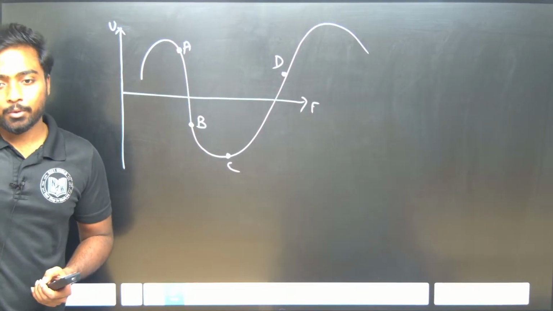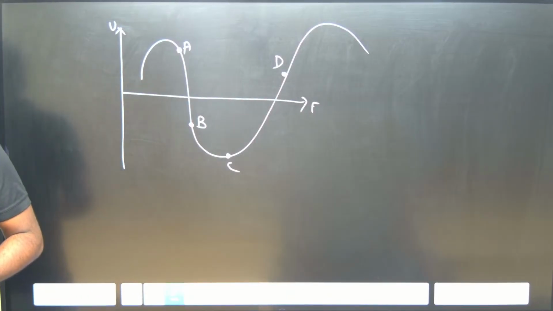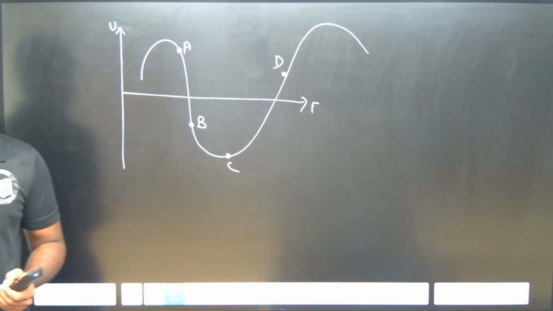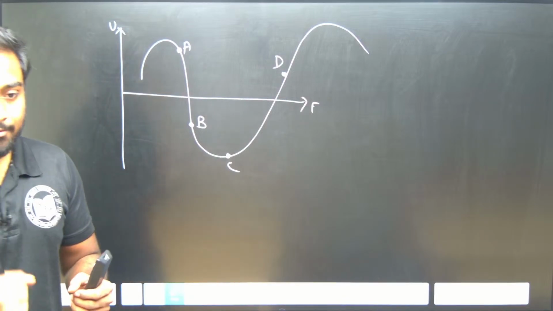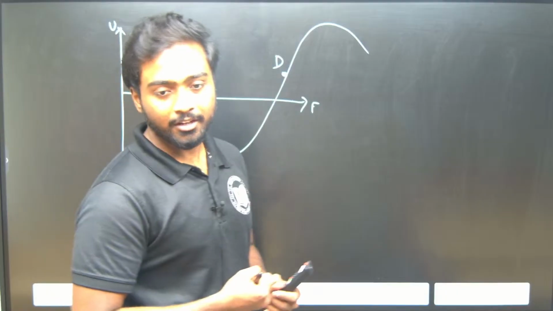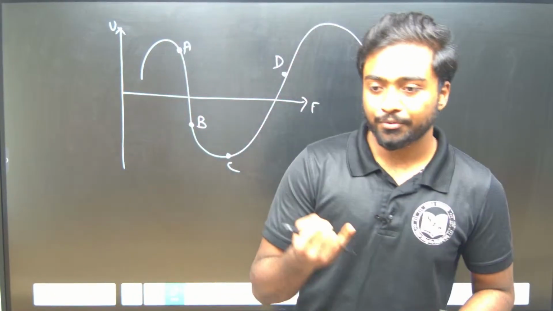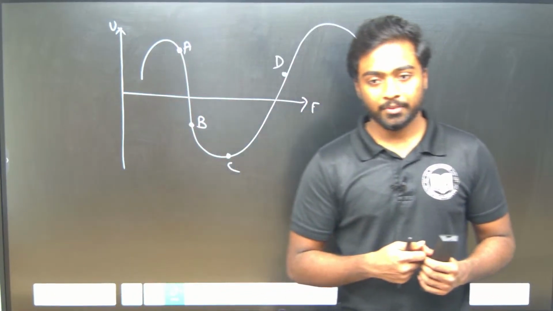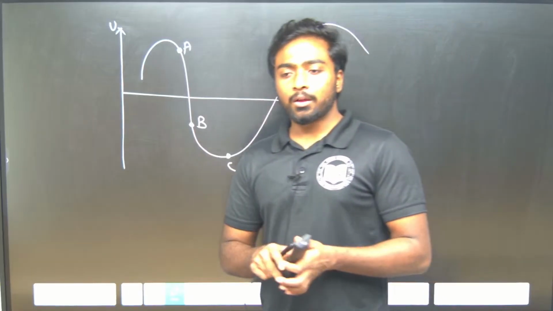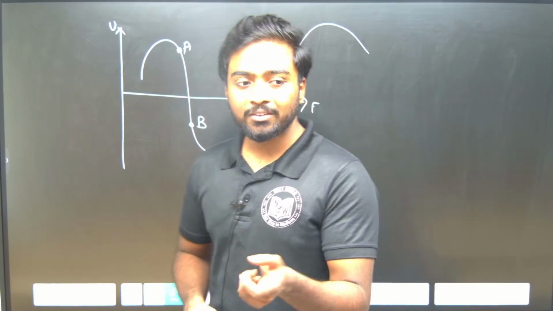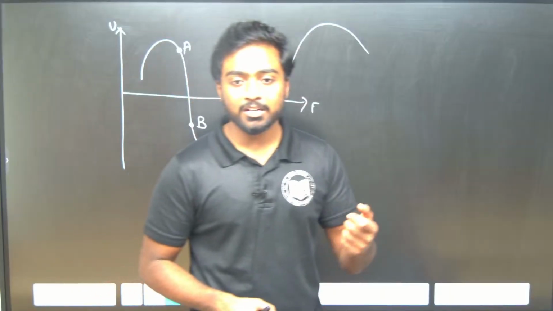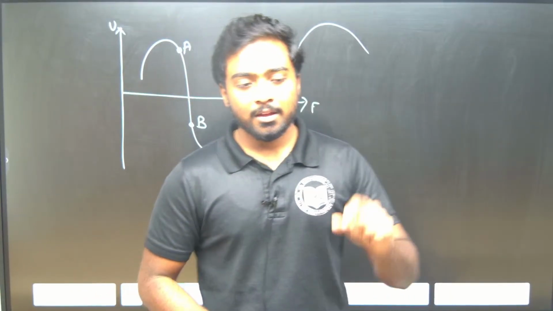For finding that, the first point is I need to differentiate the equation and equate it to 0. I guess you have an idea about maxima and minima, which we discussed in units and dimensions, right?